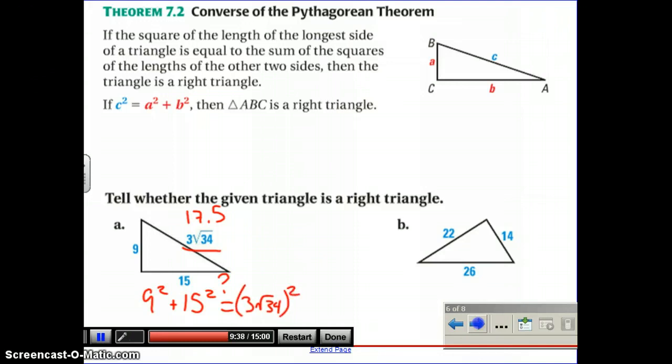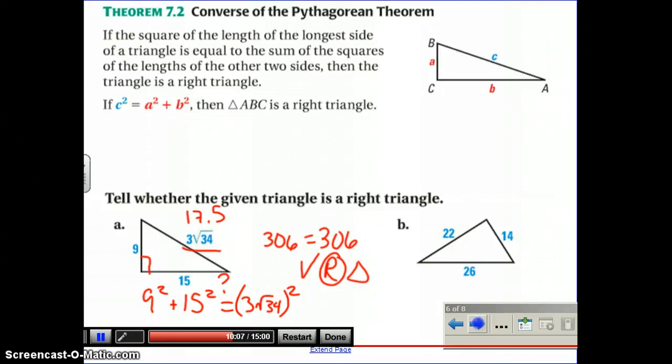Now, be careful with squaring that 3 square root of 34. We know 81, so 9 squared, 81 plus 225 comes out to 306. I would throw this in your calculator. Throw in 3 square root of 34 and then square it. It also comes out to 306. So yes, indeed, this is a right triangle. So even though it wasn't marked, now we can say, oh, we know it is.